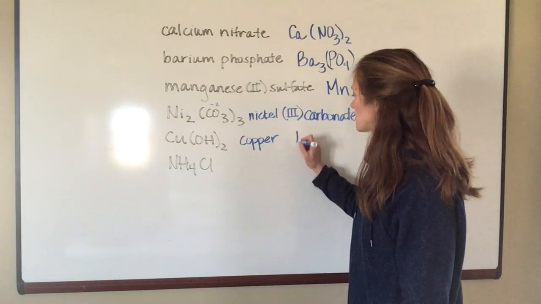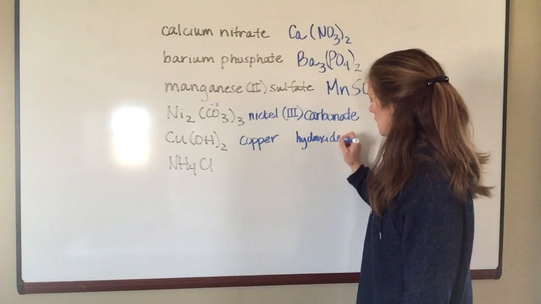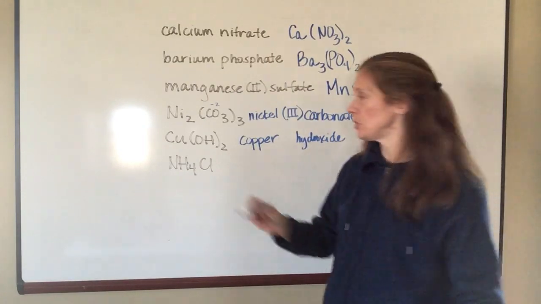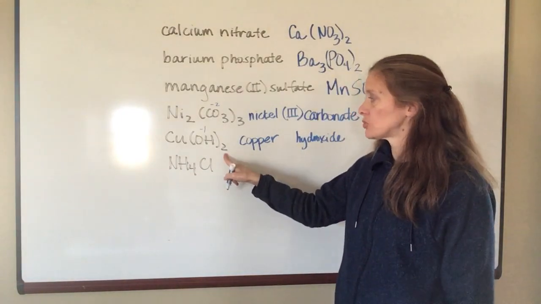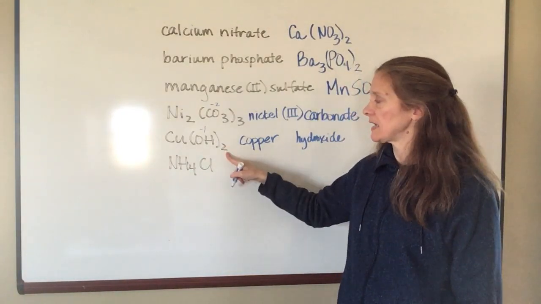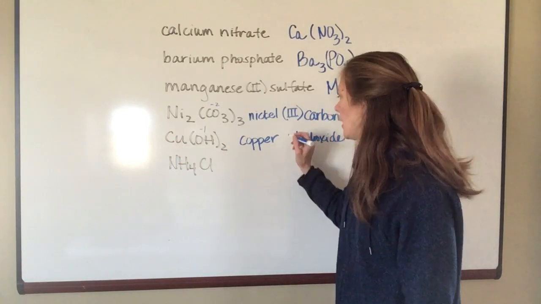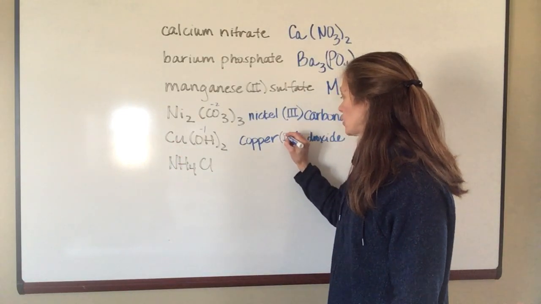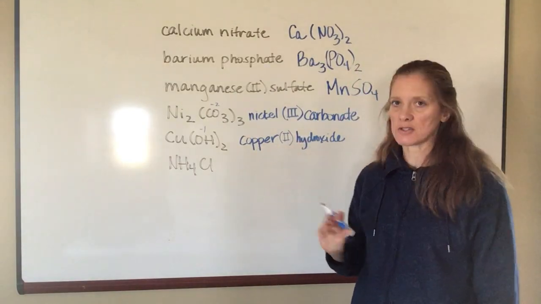OH is hydroxide. And hydroxide, when you have that memorized, you'll know that that is a -1. There are 2 of them, which makes a total of -2. So in order to balance it, since I only have 1 copper, that is going to have a charge of +2. So copper 2 hydroxide.